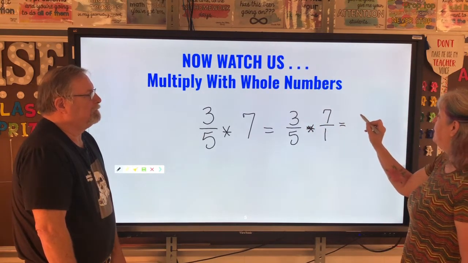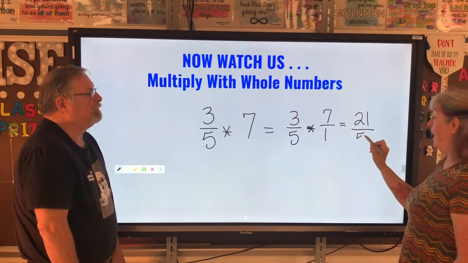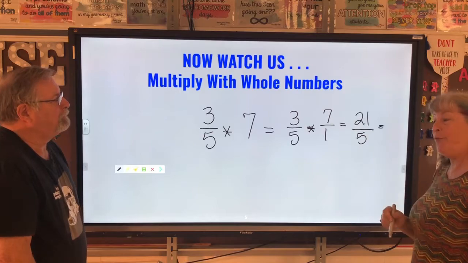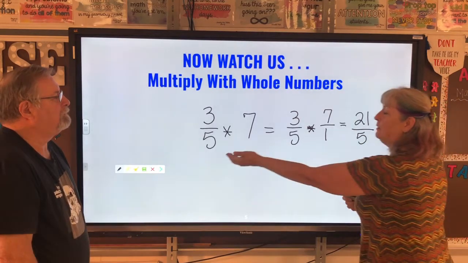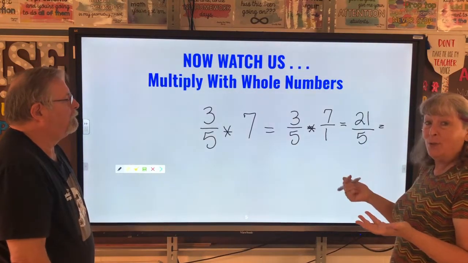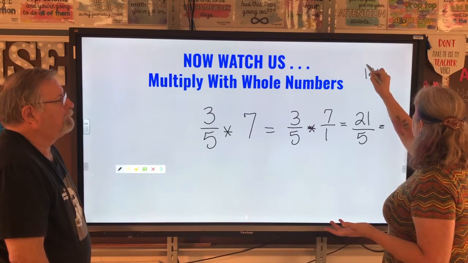3 times 7 is 21. 5 times 1 is 5. Oh, improper again. A lot of times we end up doing that with fractions, because we're multiplying a little fraction by a whole number, so sometimes we get mixed number answers. So how many 5s are in 21?